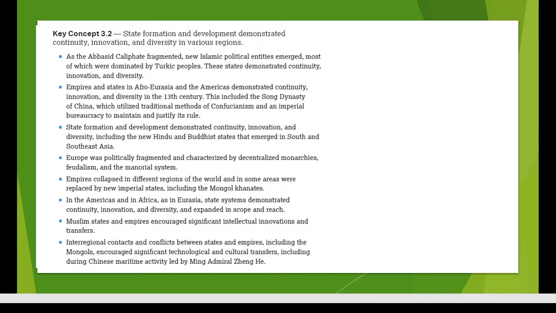Continuities: the jizya, still an important tax. Innovation equals more medical knowledge, math, science, etc. The Muslim world really valued education.